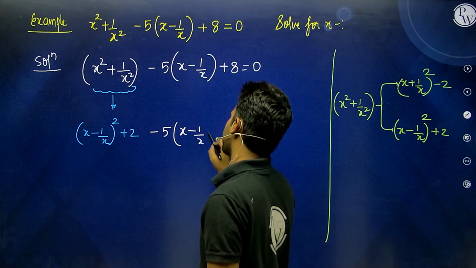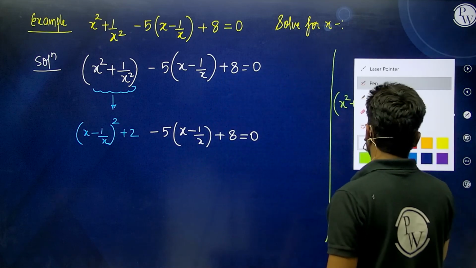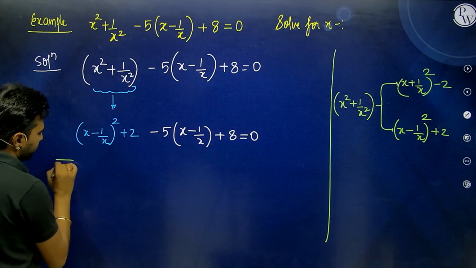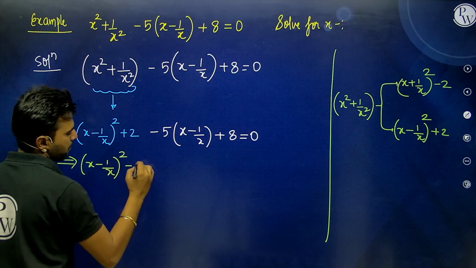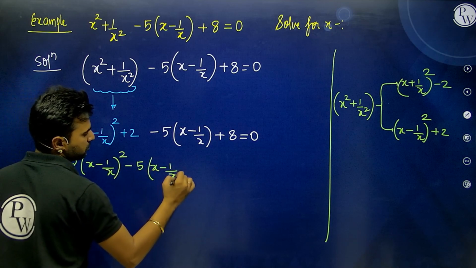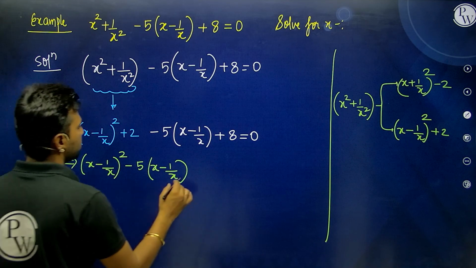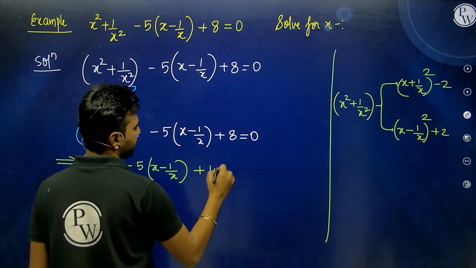We can combine the constant terms over here and rewrite this equation like this, plus 10 equal to 0.